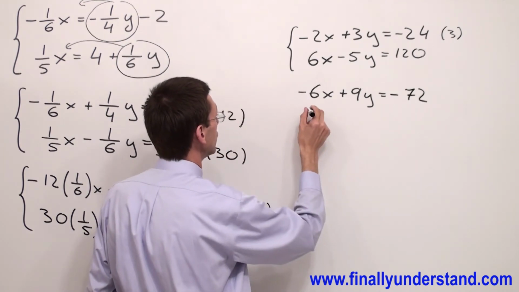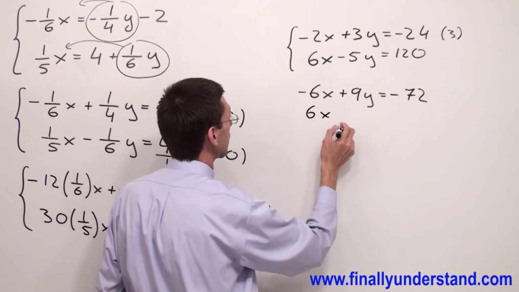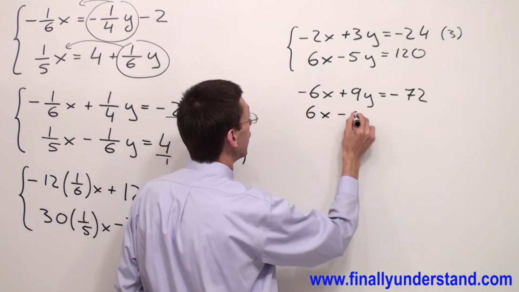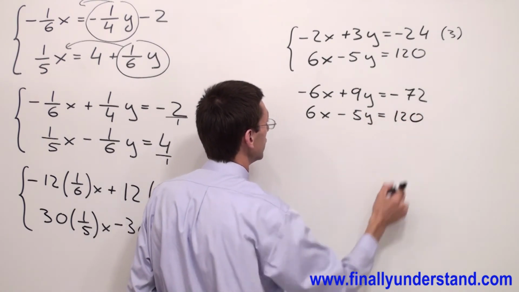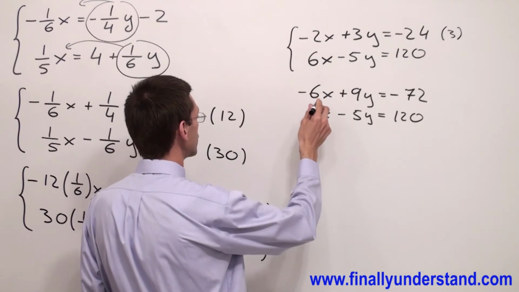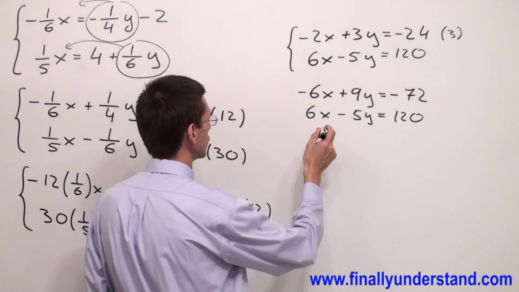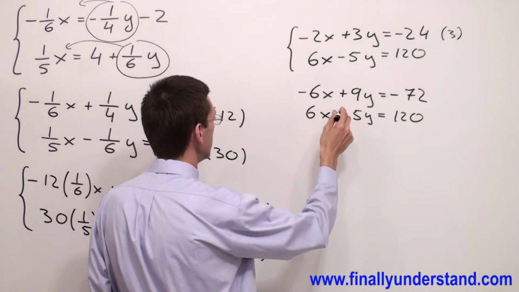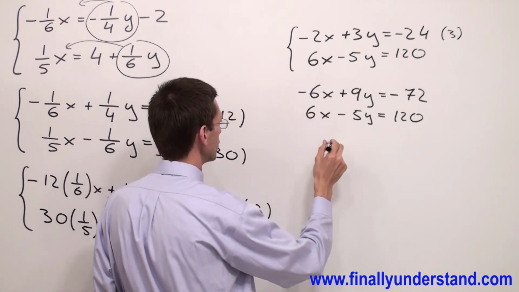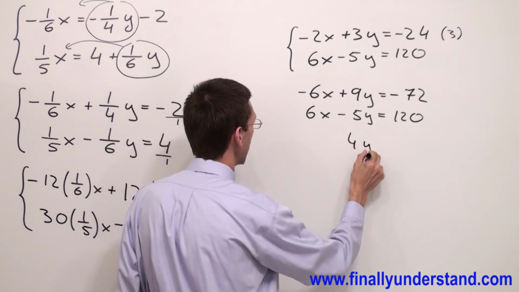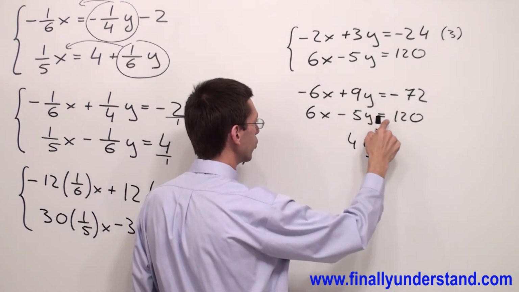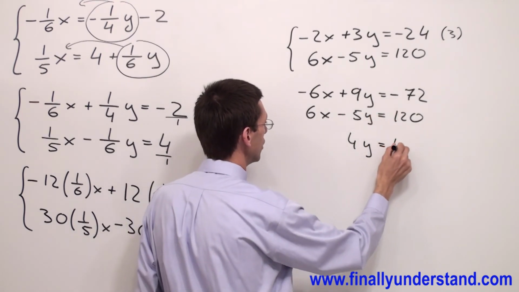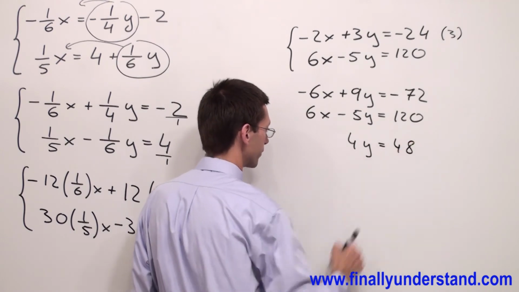And I have 6x minus 5y equals 120. Negative 6 plus 6 is equal to 0. Positive 9 minus 5 gives me 4y equals negative 72 plus 120, which gives me 48.